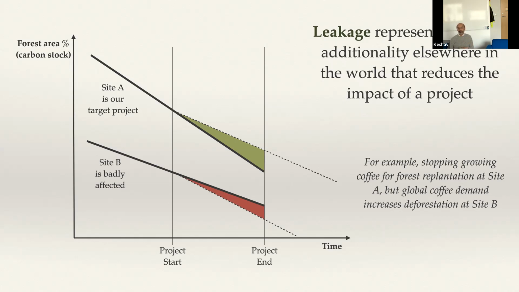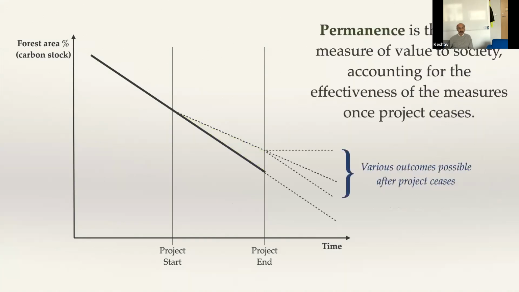And because of this, the net leakage, so the additionality net of leakage, in this case is reduced because we just displaced the deforestation from site A to site B. So that's basically what's happening here. And now remember, we need to do all of this algorithmically, using computing and imagery, and we'll come to how to do that in just a moment.